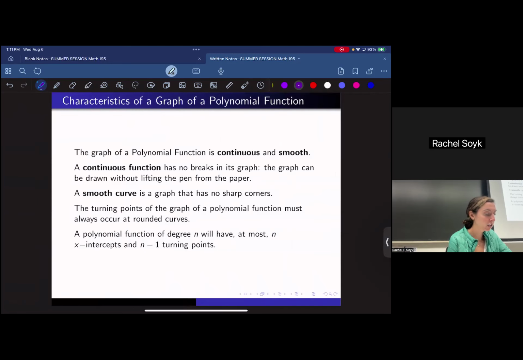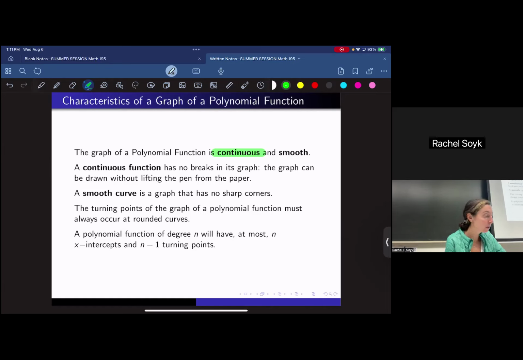Right, some more definitions when we're looking at characteristics of polynomial functions. A function is continuous and smooth. What does continuous mean? Maybe I'll use different colors for each one. Continuous means if you were to put down your pencil and continue to draw on your piece of paper, there would be no breaks in the graph.